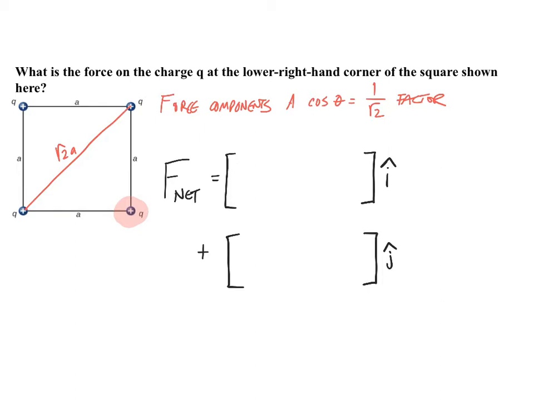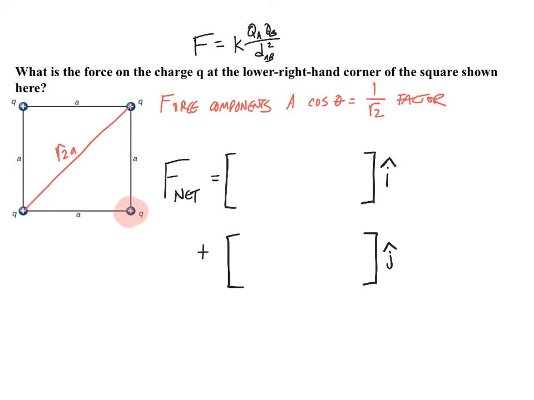Well, I have a straight line Y force for the one above it and a straight line X force for the one to the left of it. Absolutely, those are easy. It's just going to be Q squared over A squared times the K factor. Coulomb's law again. Remember, in general, Coulomb's law is Q_A Q_B over the distance AB squared.